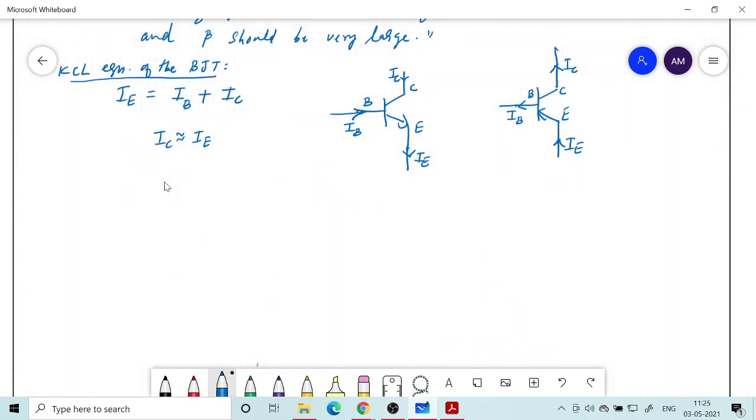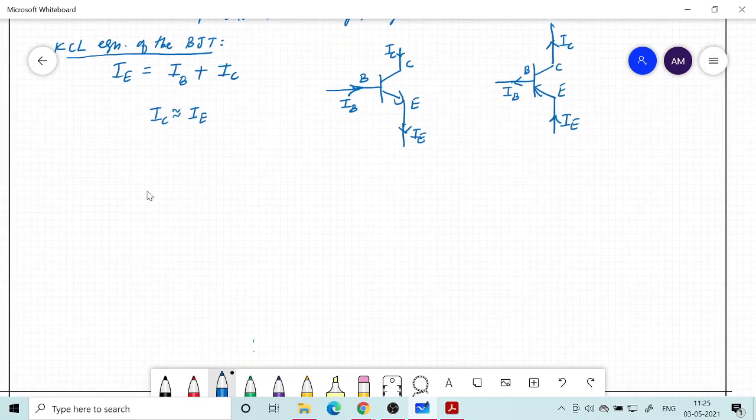Okay. Now the next thing I want to show you is what is the magnitude of this IC current. For that it will take some time. Maybe I will do it in the next class.